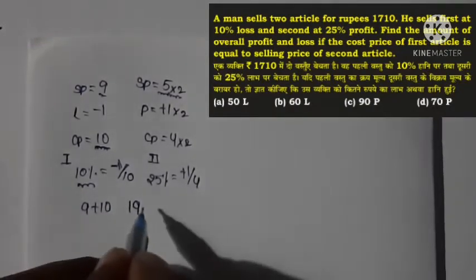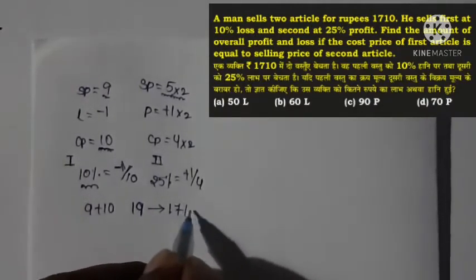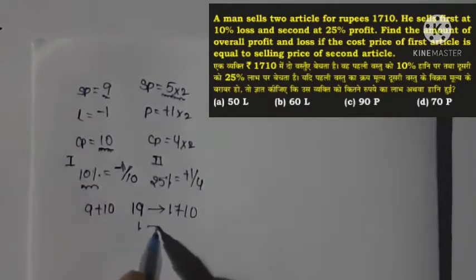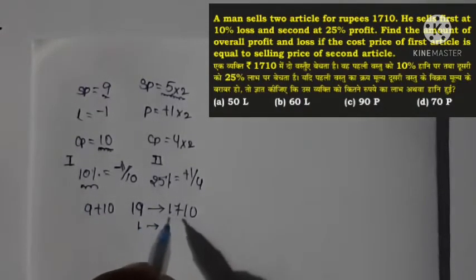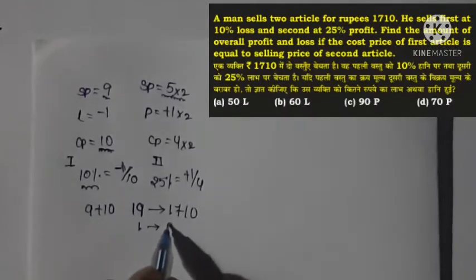So 19 units value is equal to 1710. So 1 unit value is equal to 1710 by 19. So the value is equal to 90.